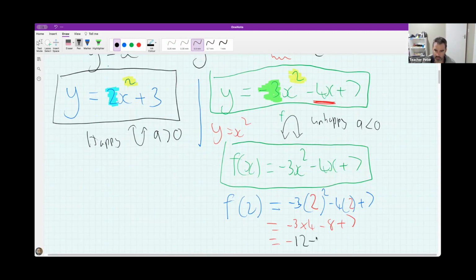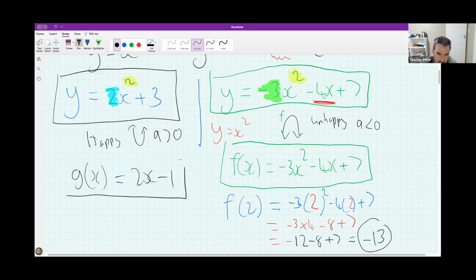So minus 12 minus 8 plus 7, which is minus 20 plus 7, which is minus 13. Okay, and it's important that you know how to use function notation, and you can sometimes even see it used with straight lines, and that's completely fine. And so I just need to make sure that you are comfortable with that. But it seems like you are, so that's cool. We're going to move on.